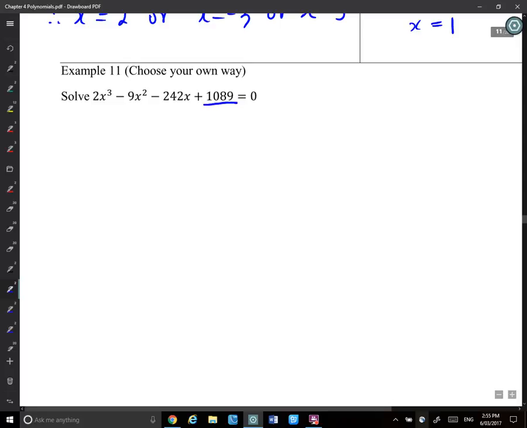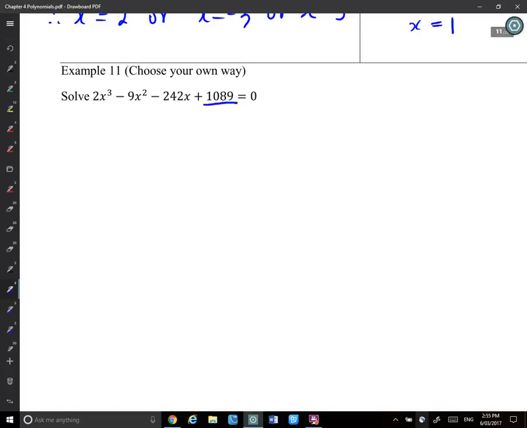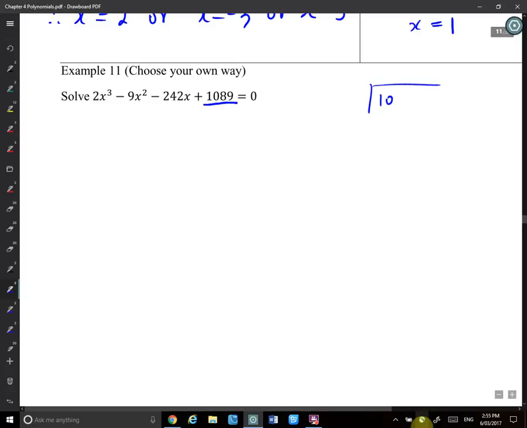When I see a big number, I like to add the digits all together because I want to see what the factor for that number is. If I add them, that equals 18. 18 is divisible by 9. So 9 is a factor of 1089. So I will divide this by 9. Let's see what happens.